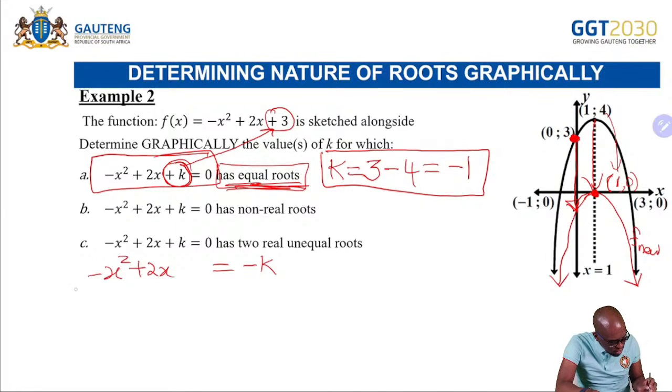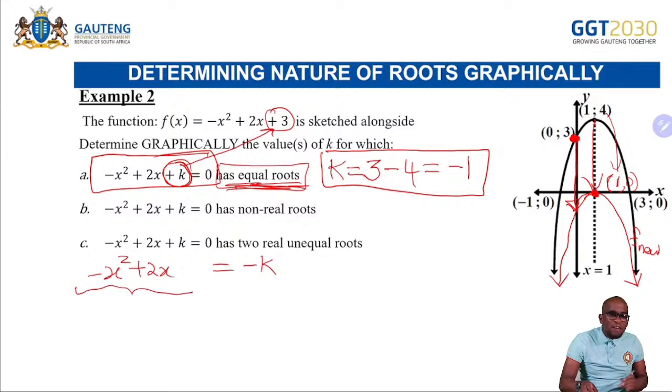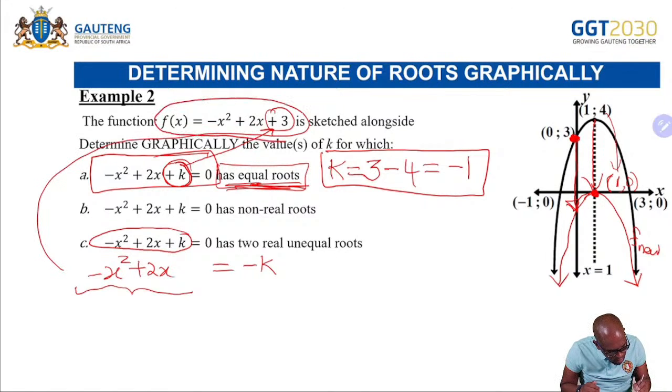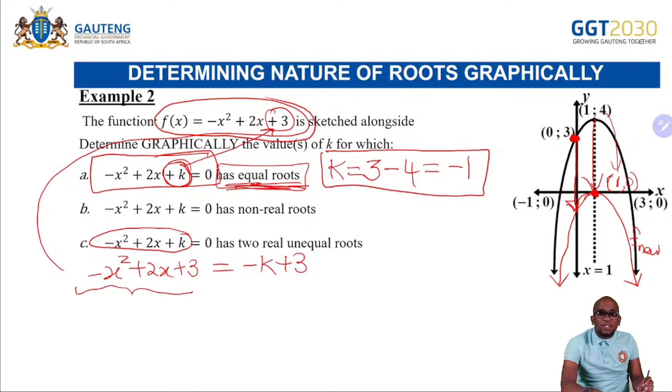If I do that, then whatever is left on the left hand side is now a problem because it is not the same as the original function. So I cannot move a line on this particular function because that function has a +3. So in order for me to get the same function, I add 3 to both sides.